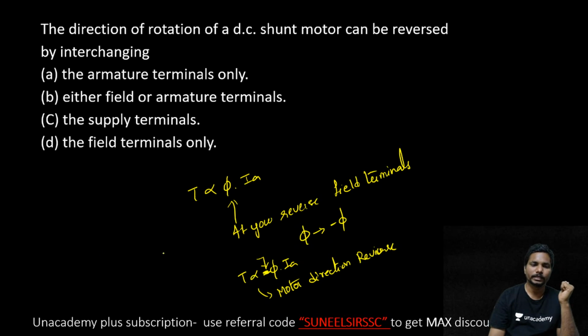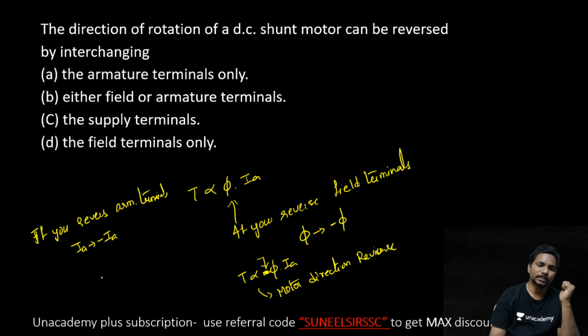In the same case, let us take if you reverse the armature terminals, then current will become reverse. So torque is proportional to phi, which is the same, and the armature current only reverses. So you are getting reversal of direction.